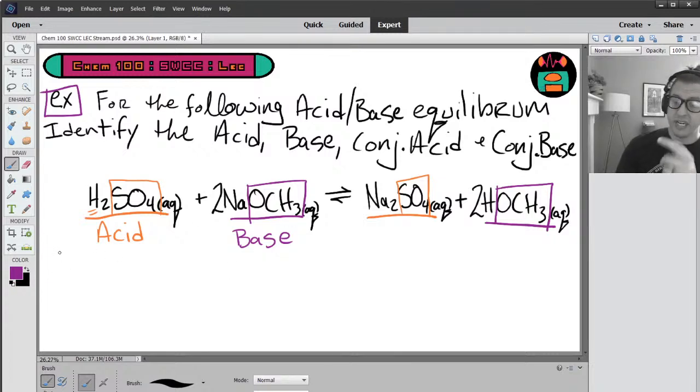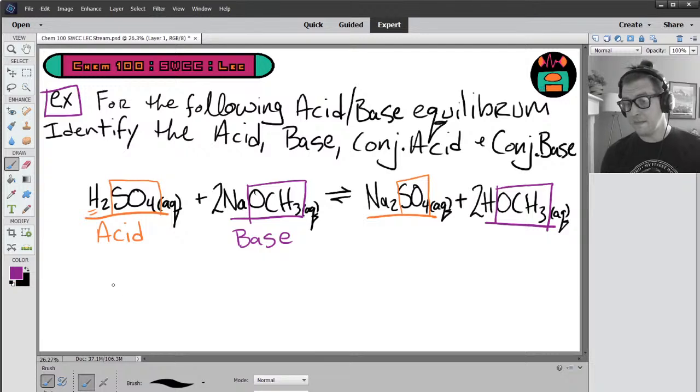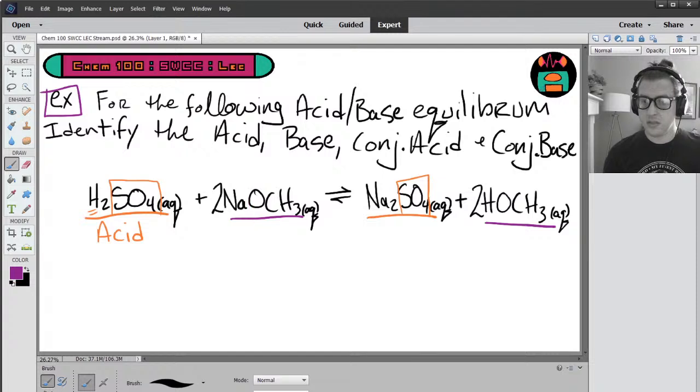Now we need to identify our conjugate acid and conjugate base. Sorry, I wrote this in the wrong layer. There we go. Okay, sorry about that. Let me shape this up. This is the base.